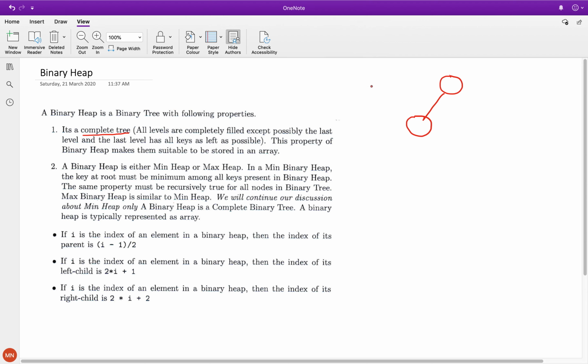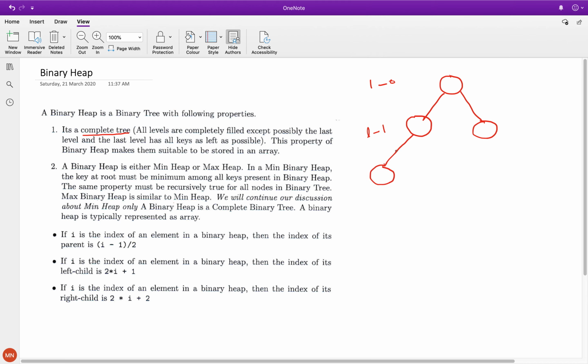So this is my level 0 and this is my level 1, and we will have several levels below this one. Now this is also a complete tree. Now if I draw another route here, this also makes a complete tree. And if you want to insert another node, you will be inserting the next node here.